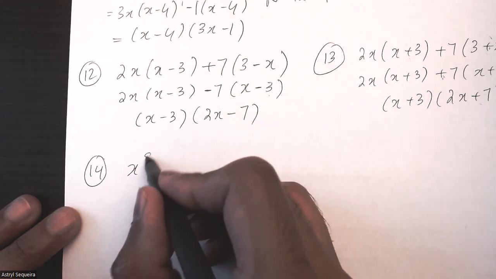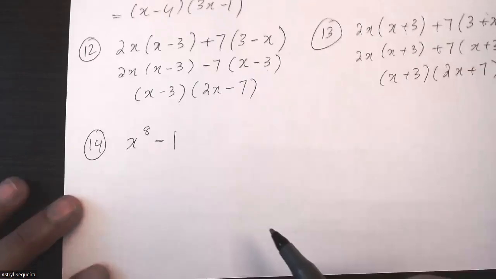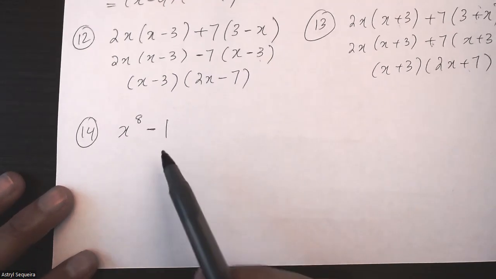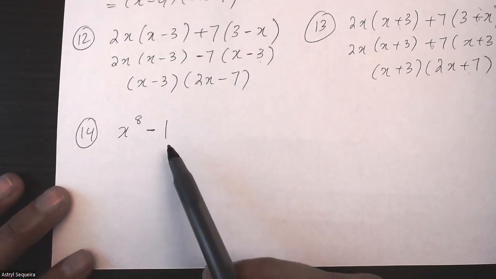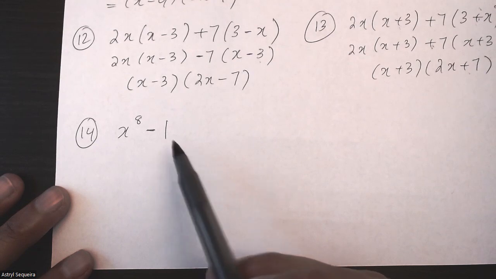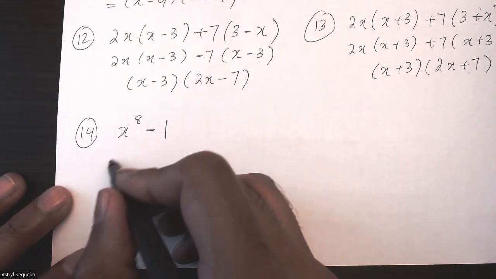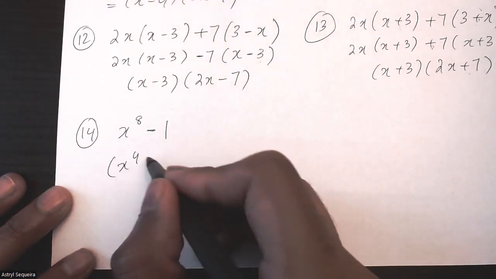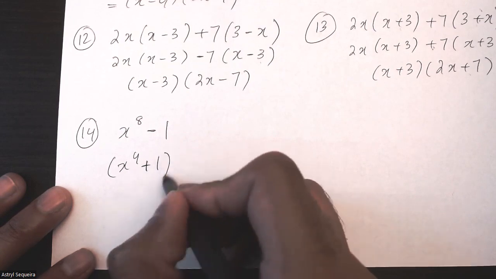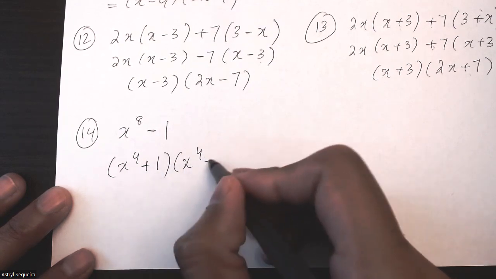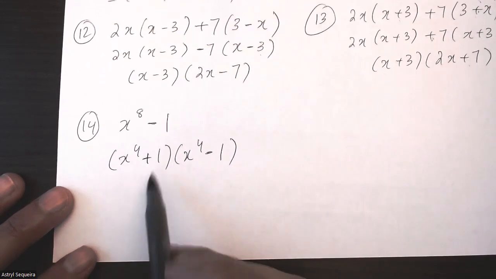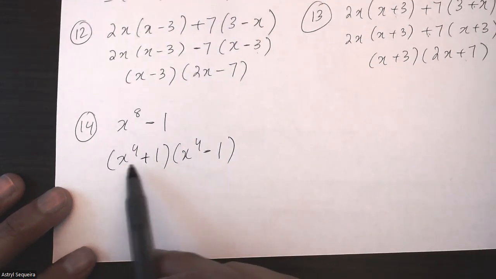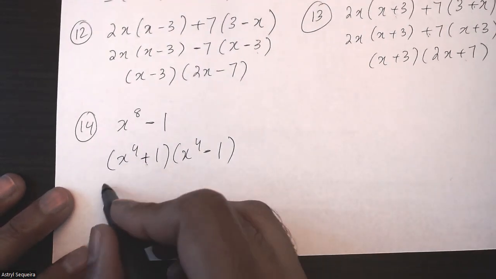It's x to the power of 8 minus 1. So this question here can be done using difference of squares. We're going to square root this bracket. So that's x to the 4 plus 1, then x to the 4 minus 1. Now x to the 4 plus 1 cannot be factored by difference of squares because you need a negative sign.